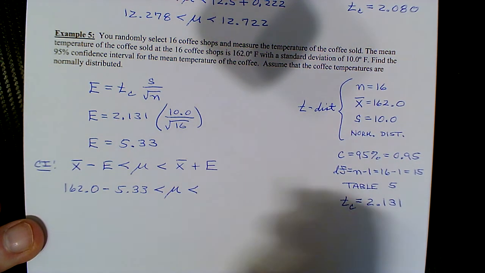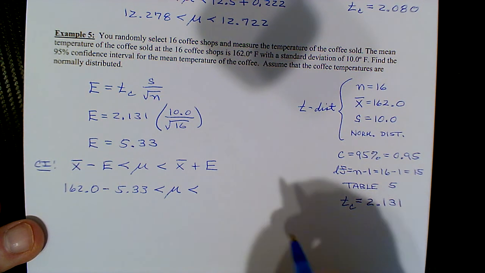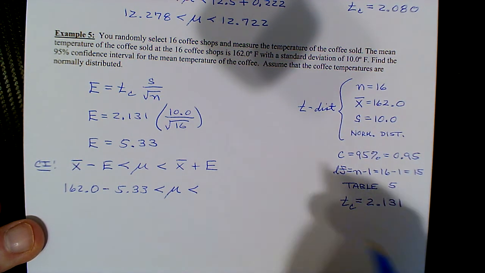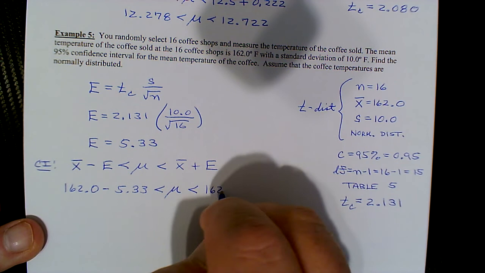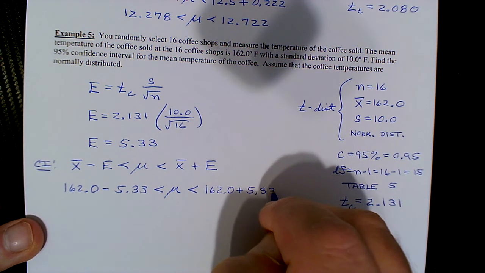So we get a left end point of 156.67 is less than mu, which is less than the right end point, 167.33.